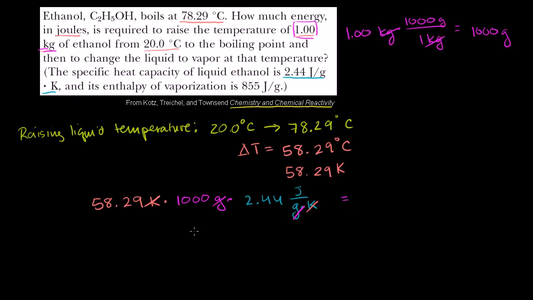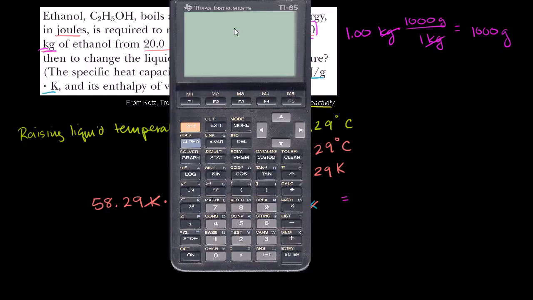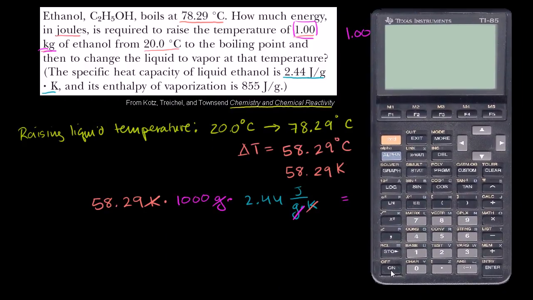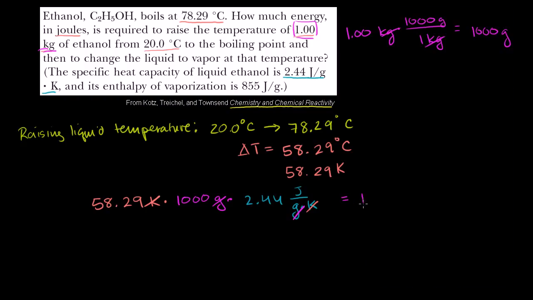And we are left with, let me take out the calculator. 58.29 times 1,000 times 2.44 is equal to, and we only have 3 significant digits here, so this is going to be 142, we'll just round down, 142,000 joules.